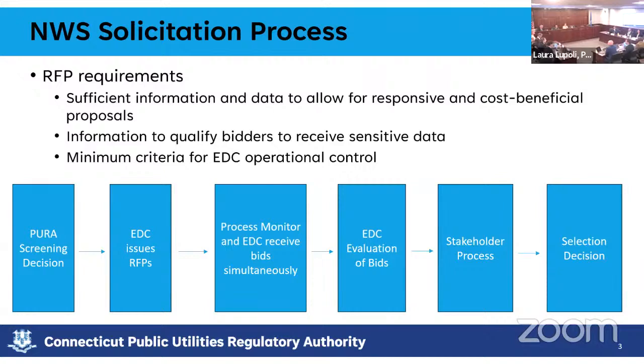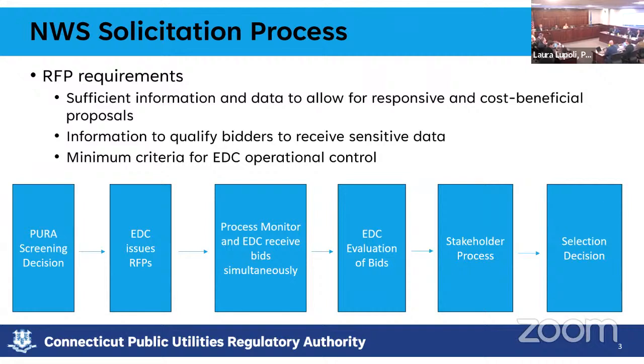PURA will then review the EDC's recommendations, comments from the process monitor and other stakeholders, and issue a selection decision which evaluates whether the EDC complied with the NWS process and establishes a rebuttable presumption that any selected investments are prudent.